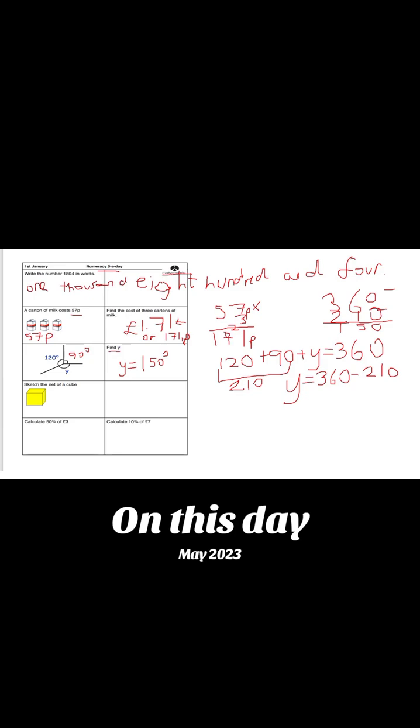Question number 4, sketch the net of a cube. So the net just means if you open up the box and see it as a 2D version, it will look something like this. It's not a perfect drawing.